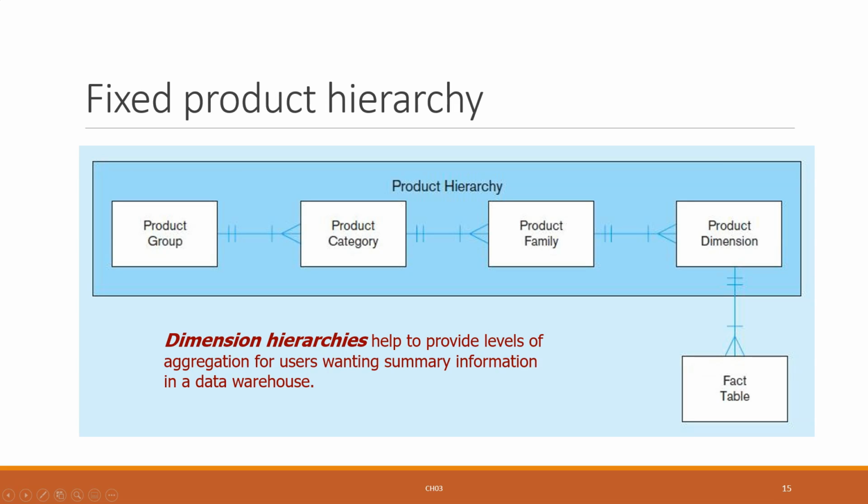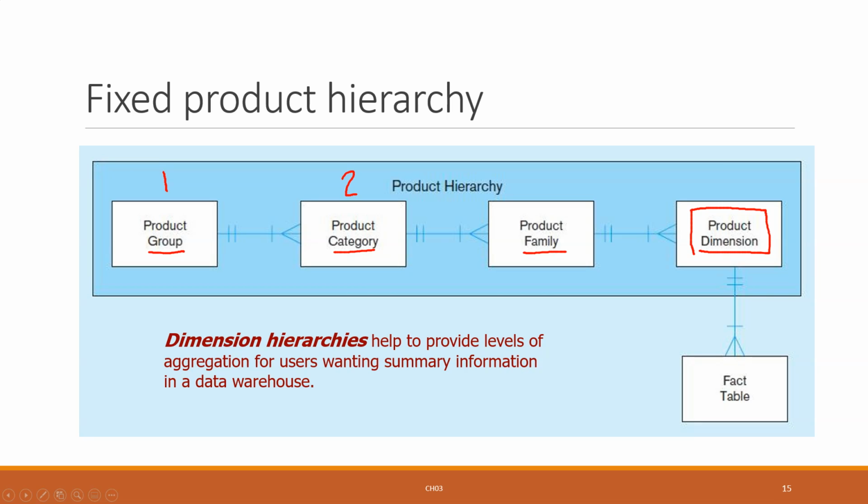So here's a basic hierarchy, and this is what's called a product hierarchy, and it starts with the product dimension, and that product might belong to a certain family, and then that family would go into a category and then into a group. And the way that this is designed, if this was at 4 different levels, the group would be the highest level, so I'll call that level number 1.